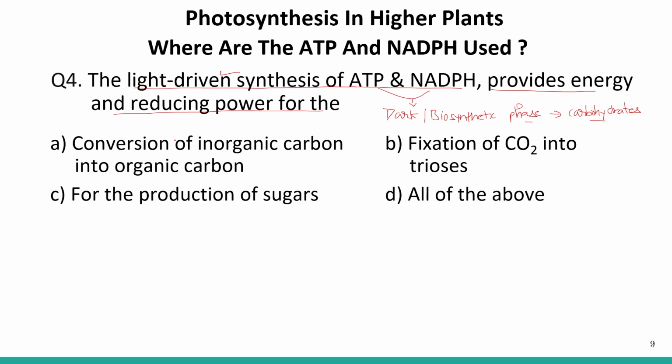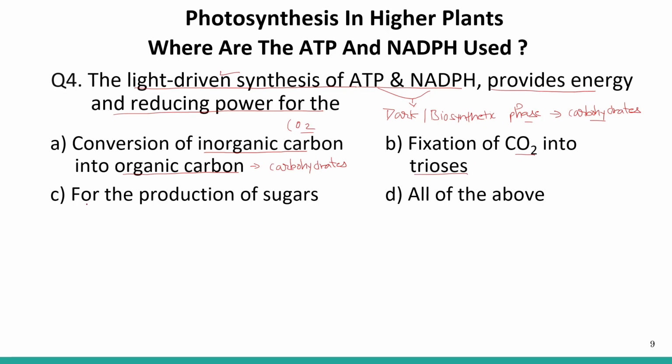Okay. So first option is conversion of inorganic carbon into organic carbon. Organic carbon means formation of carbohydrates from inorganic carbon, carbon dioxide. Okay. Second option is fixation of carbon dioxide into trioses.